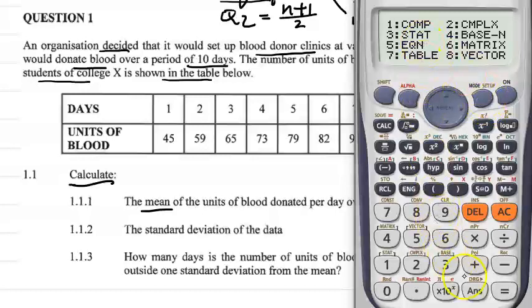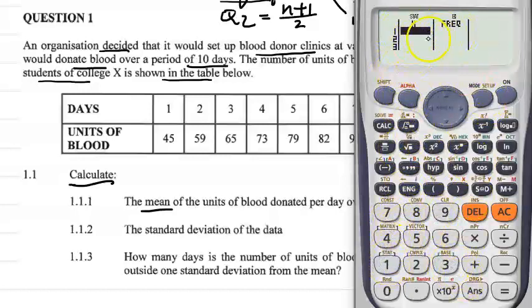Let's go to stats mode, and we're going to be looking at univariate data. So here it is. We're going to put in all our values x. Frequency is optional.